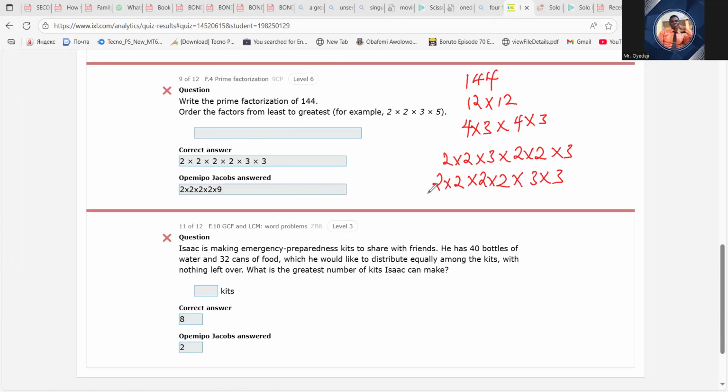So we have four 2's and two 3's. Make sure everything is brought down to the least factor, and that no number is divisible by another number. That's the easiest way to sort out prime factorization. Okay, moving on.